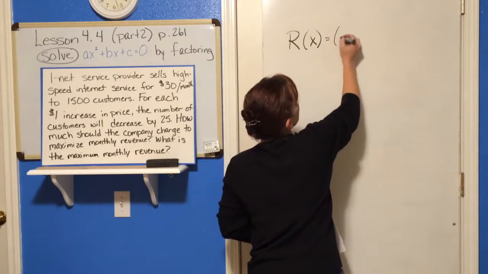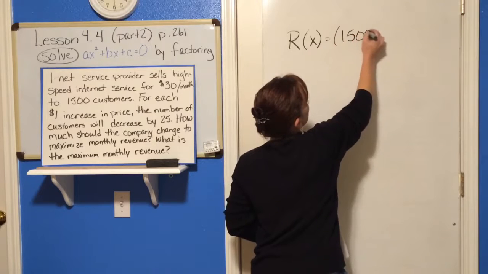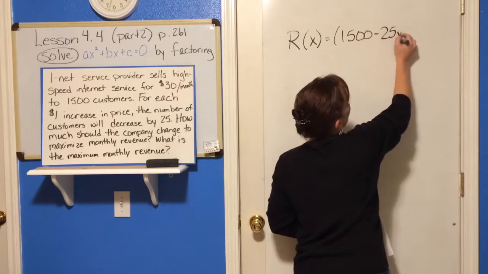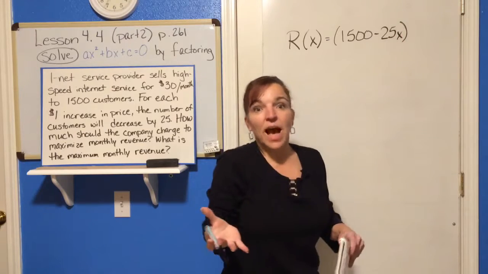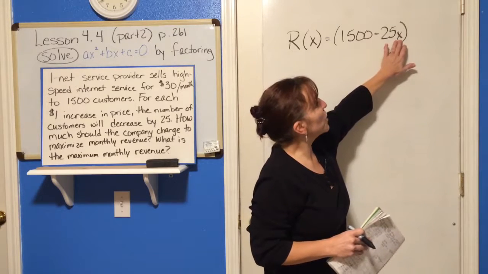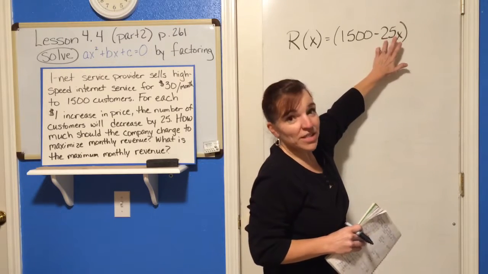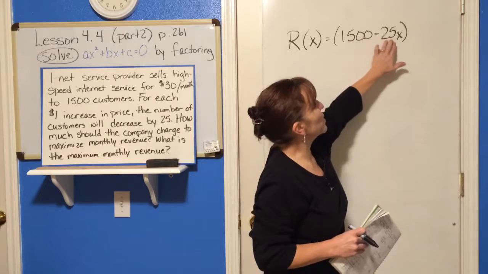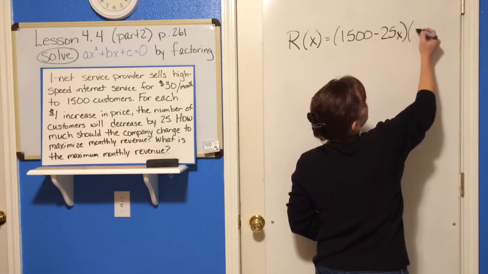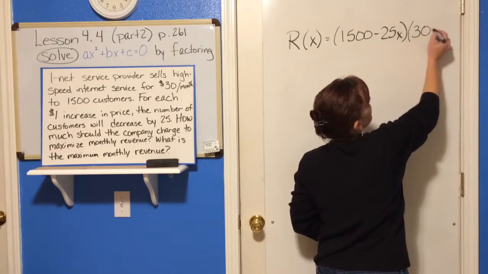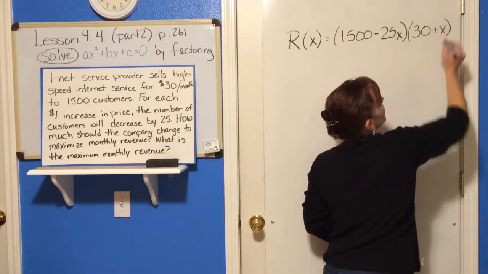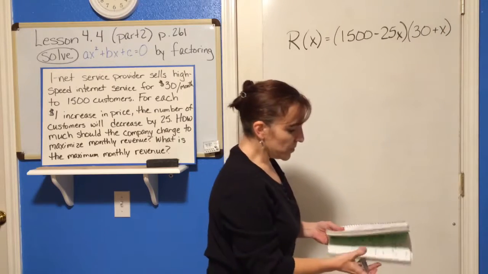Our total revenue is going to be the 1,500 customers minus 25 times however much we increase our price. So X is the number of dollars that we increase our price by, and every time we increase the price, we lose 25 customers. That's where the 1,500 minus 25X comes from. But we're going to take it times the price. The price was $30, and we're going to add X to it.